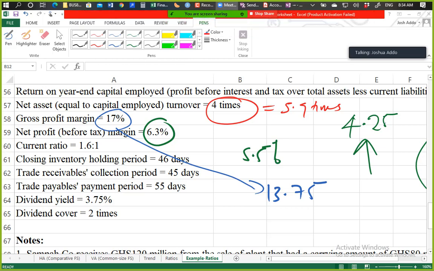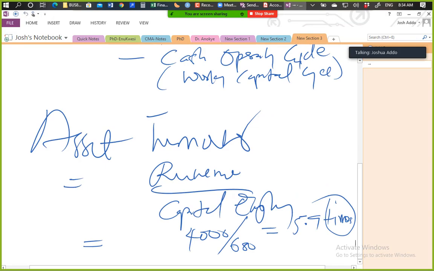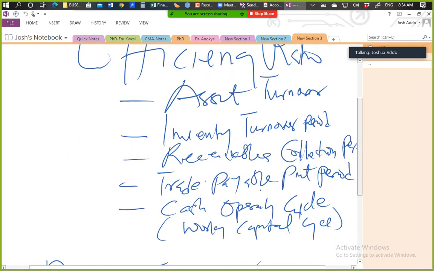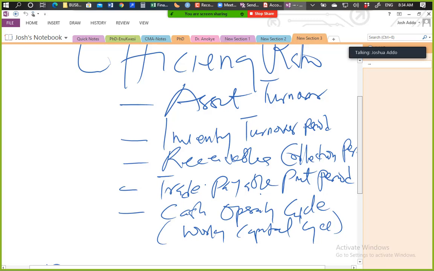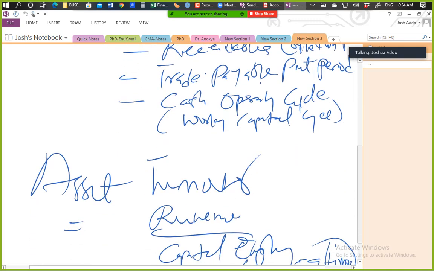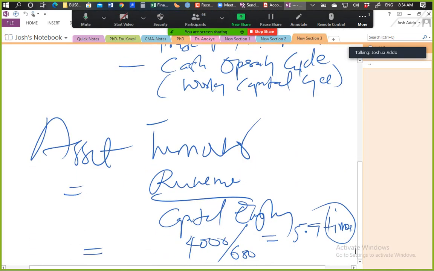So that is for the asset turnover or net asset turnover. Let's go to our board and see other things to do under efficiency. Inventory turnover period.